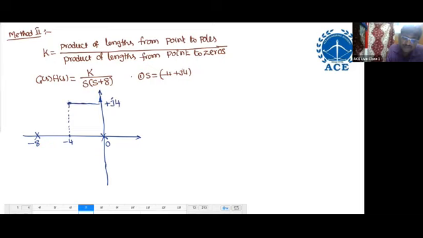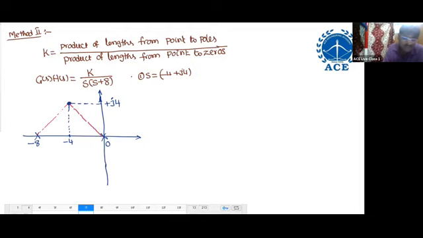This is the point, minus 4 plus j4. Now we have to find the lengths. These two lengths you have to find.